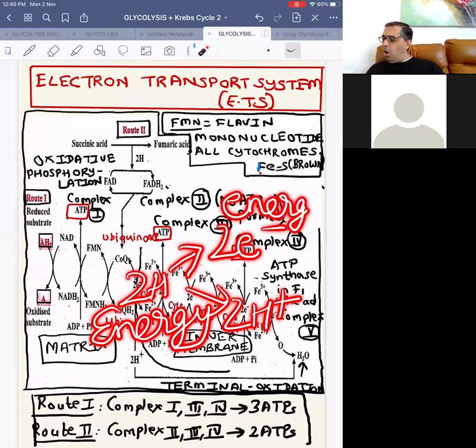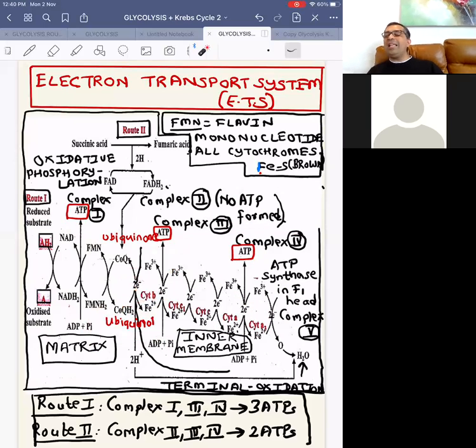So the proton is not with energy. Energy goes into the electron, and the proton remains in the matrix.